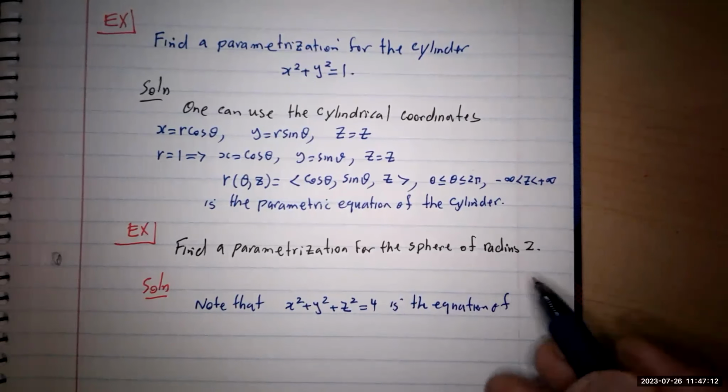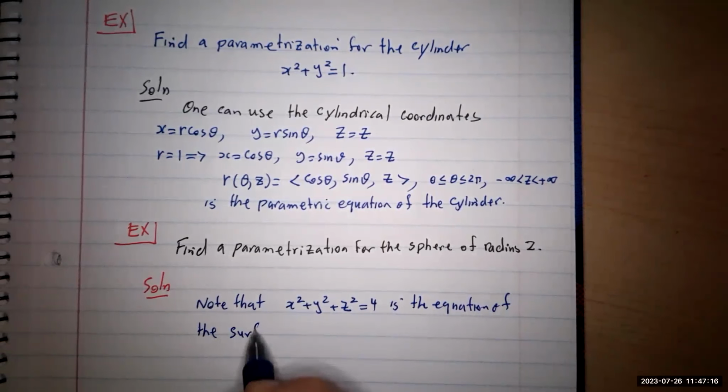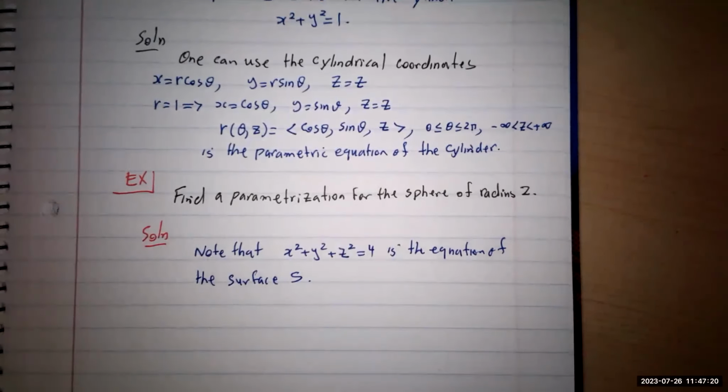The surface is in this case a sphere, surface S. But you want to change it, like the one that I showed you. You want to have a better view. So we want to change it into the parametric form. Again, you need two variables to be able to do it.